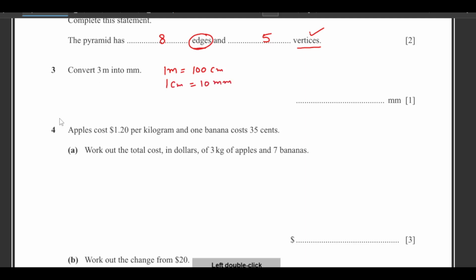So we have 3 meters. When you multiply by 100, it becomes centimeters, and then when you multiply again by 10, it becomes millimeters. So we have 3000 millimeters.